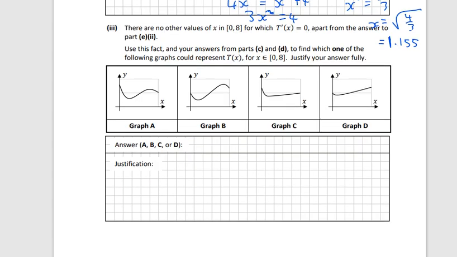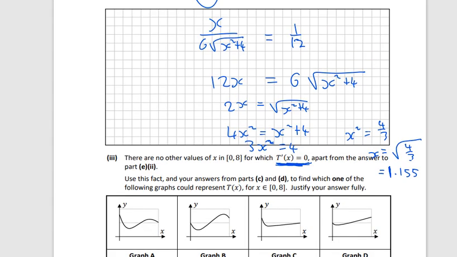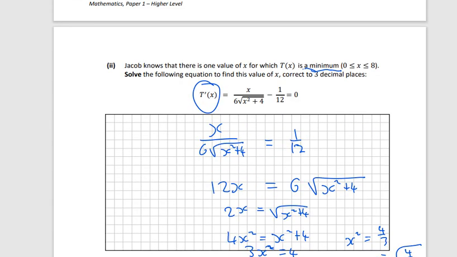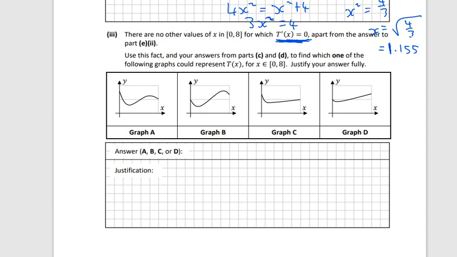And last part, so there are no other values of x from 0 to 8 for which that is 0. So therefore that means it only has the minimum point. It can't have a maximum and a minimum.